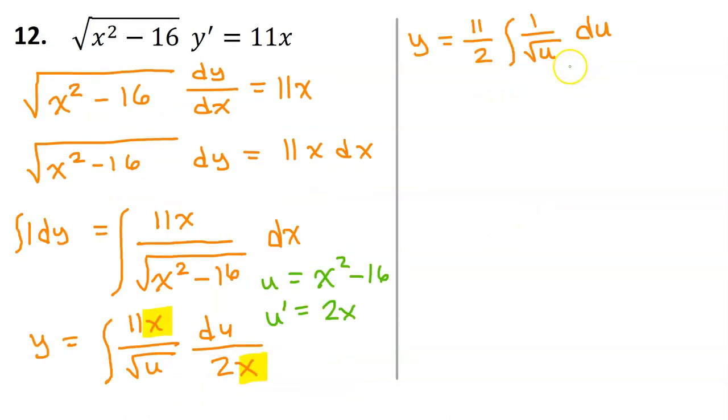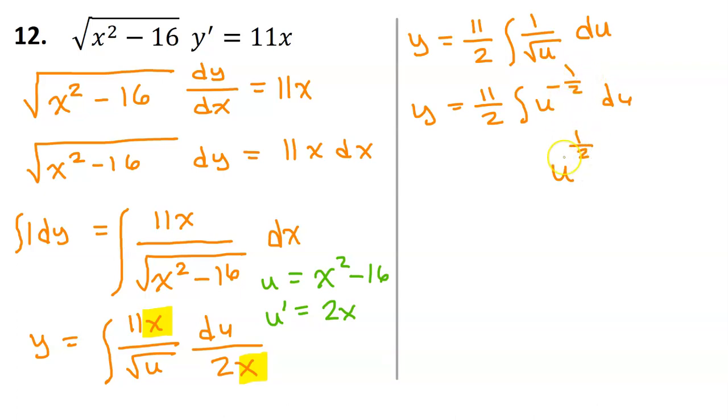So now we have this, but 1 over square root of u is the same thing as u to the negative 1/2 power. So using the power rule of integration, we will increase this exponent by 1, which will make it positive 1/2.